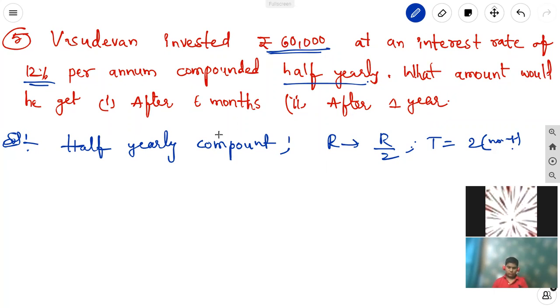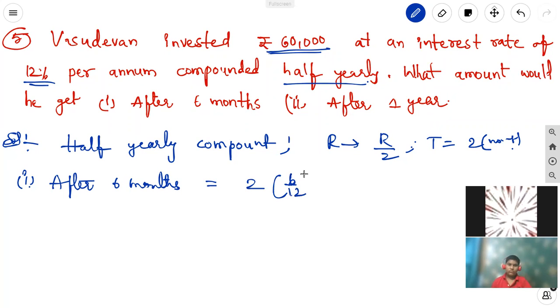Here half year and 6 months are both the same. After 6 months means 6 months by 12 months, which is half a year, so the number of times n is equal to 1.